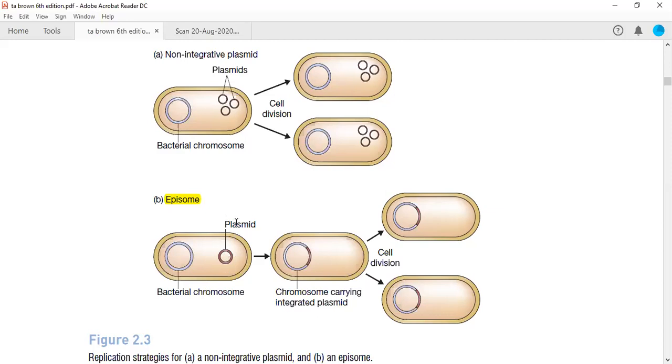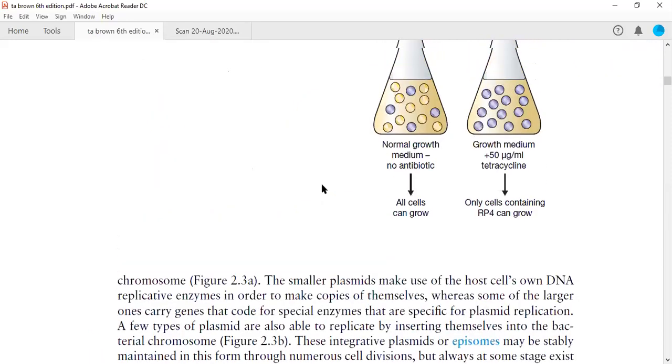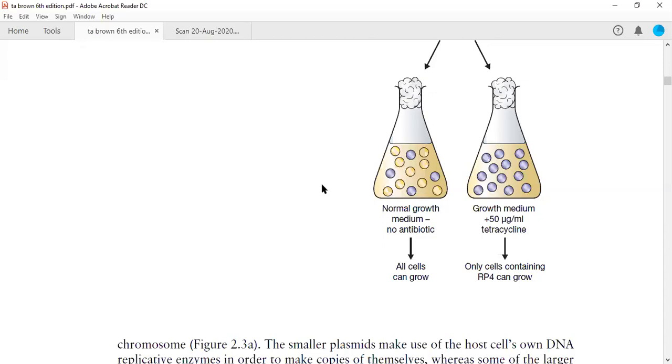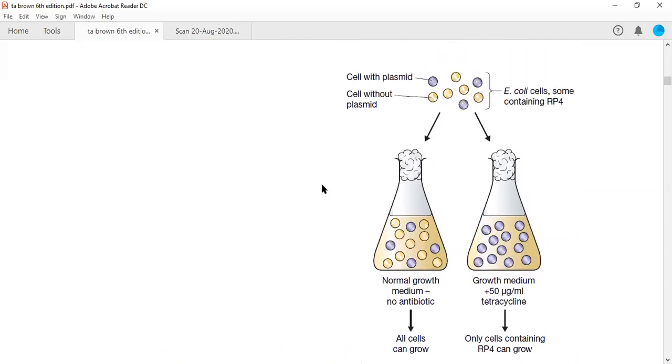So there is always an exchange of genes between the bacterial chromosome and plasmid, and this has happened in evolution many times.